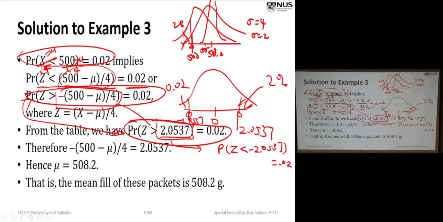So now it spikes up, and then I also shift it. In that case, my probability of less than 500 will be smaller. That's a possibility so that I don't give so much. All right? So I set my mean, which is smaller than 508.